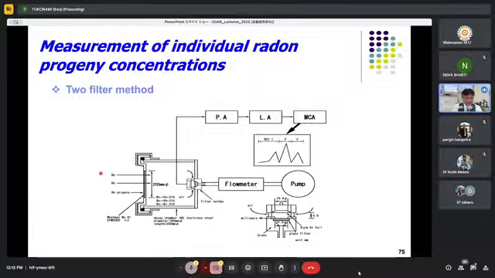Only radon is a gas, but radon progenies are solid particles. Radon progeny cannot enter inside. Only radon gas goes inside. Then radon decays, and after that, radon progeny are formed and collected on a downstream filter.